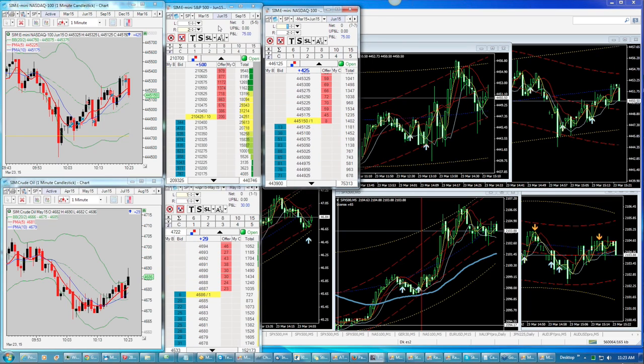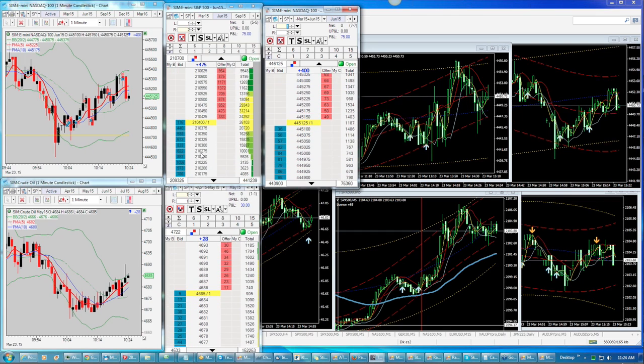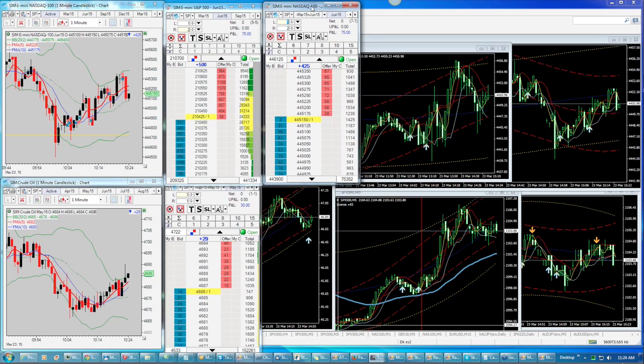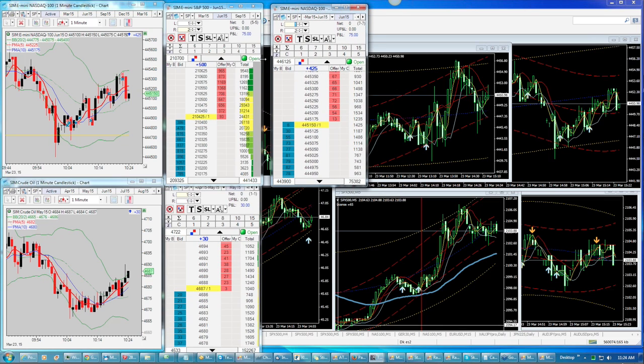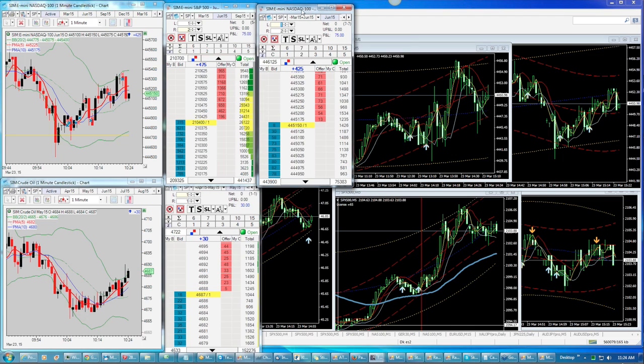So between the S&P and NASDAQ, I guess you're up 1,400 if you're trading 10 lots between the two markets. And you just keep plodding along.